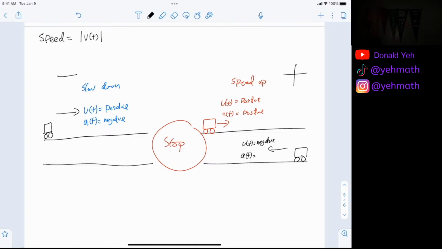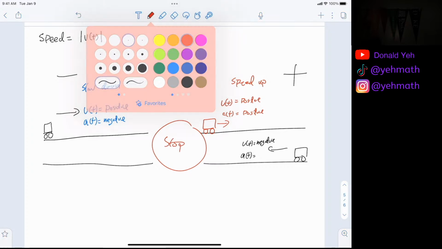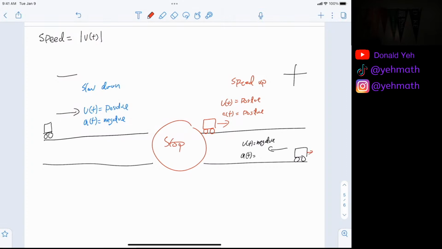So what is my acceleration? Positive. Is it going to the right? It's pulling the car backwards. This car has to have a counter force going this way in order to slow it down before the stop sign. So the acceleration is actually positive, because that direction is positive. Let's say if I'm going this way, it's positive.